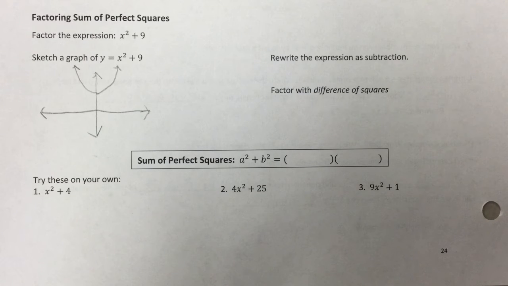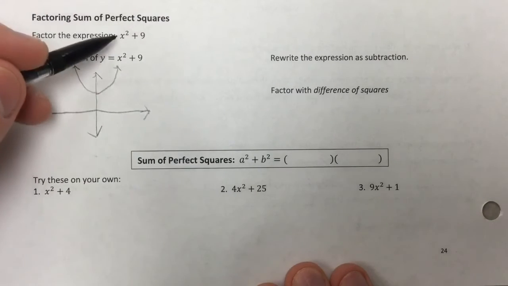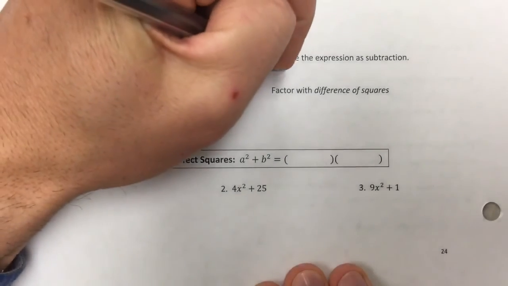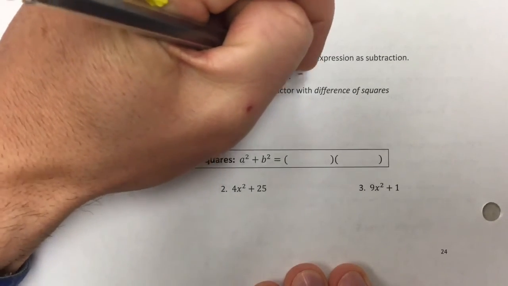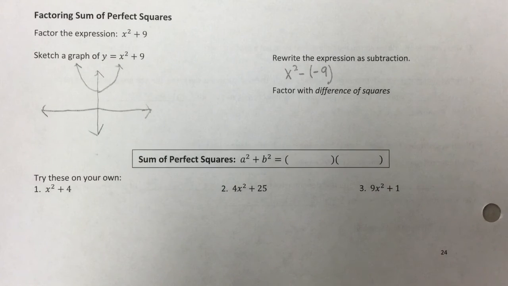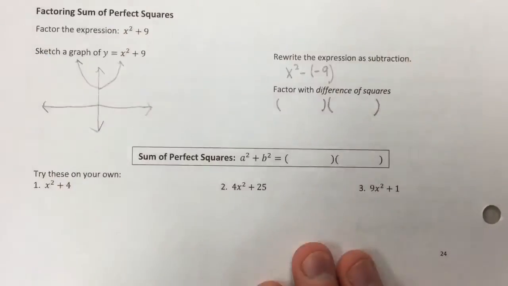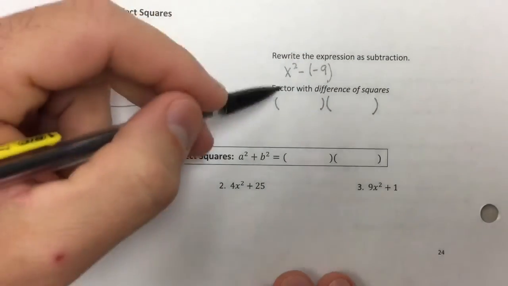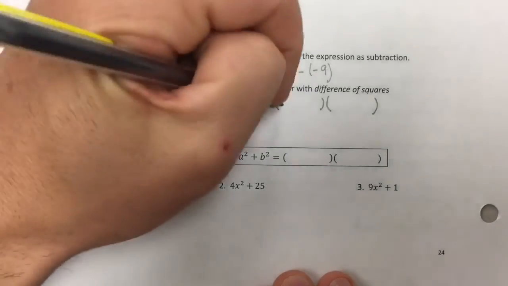So what we're going to do is rewrite the expression as subtraction. Instead of x squared plus 9, we're going to think of it as x squared minus a negative 9. And if you remember difference of squares, you made your 2 sets of parentheses. You took the square root of the first, so the square root of x squared is x and x.